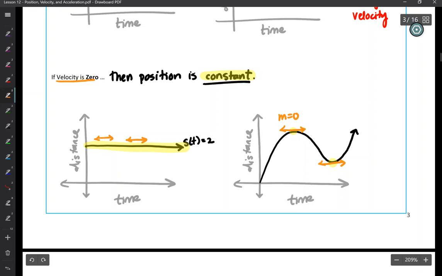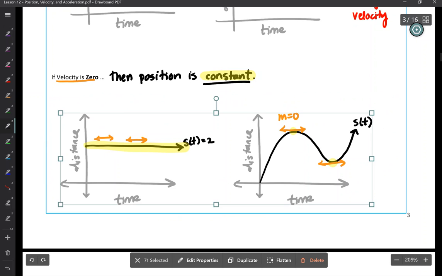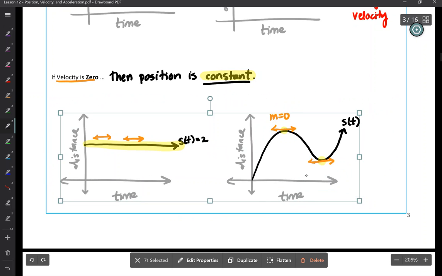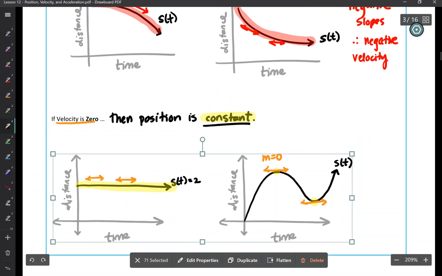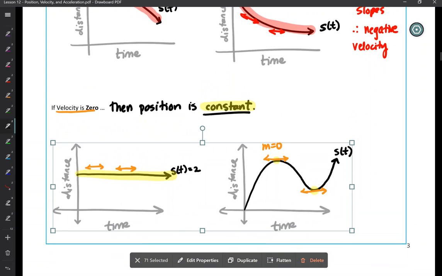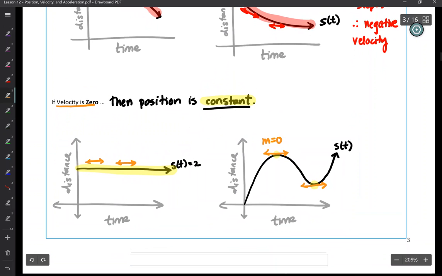What is the slope of the tangent line to my position? It's the velocity. Oh, if velocity is 0, then my position is constant. Your slopes are 0, then your velocity is also 0. Excellent.